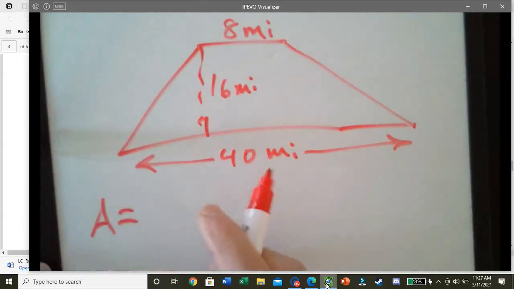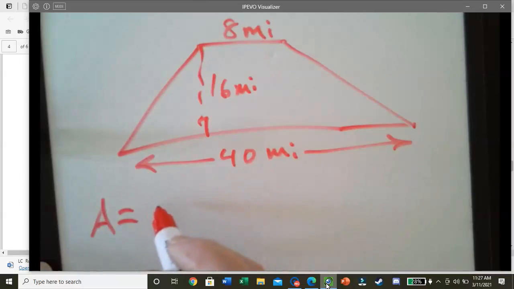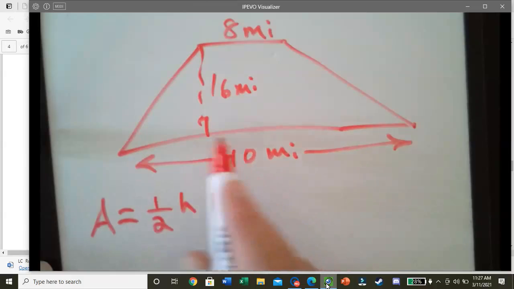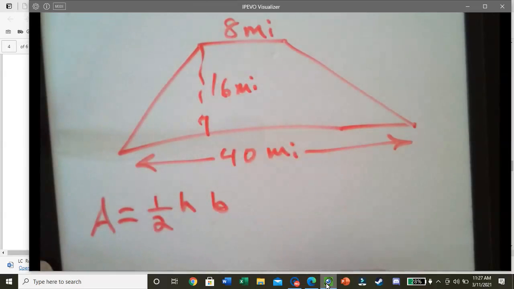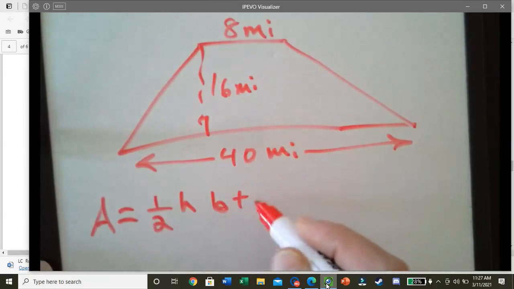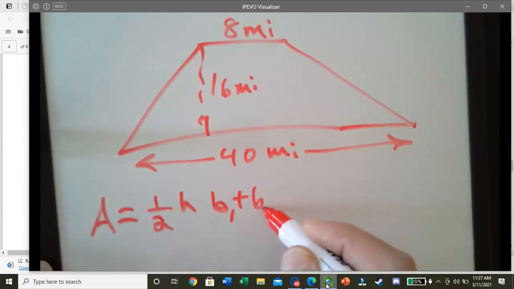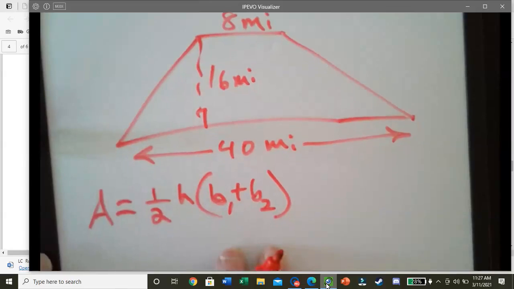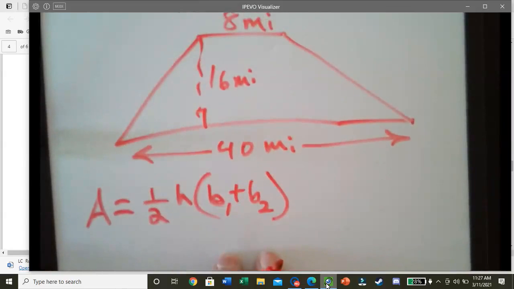So the area of a trapezoid, we want to know what that equation is. If you don't remember it, think of a triangle: 1/2 times the height times the base. But with a trapezoid, how many bases do we have? 2. So this would be base 1 plus base 2, in parentheses. So if you don't remember the area of a trapezoid, think of the area of a triangle, add another base to it, and put parentheses around it.